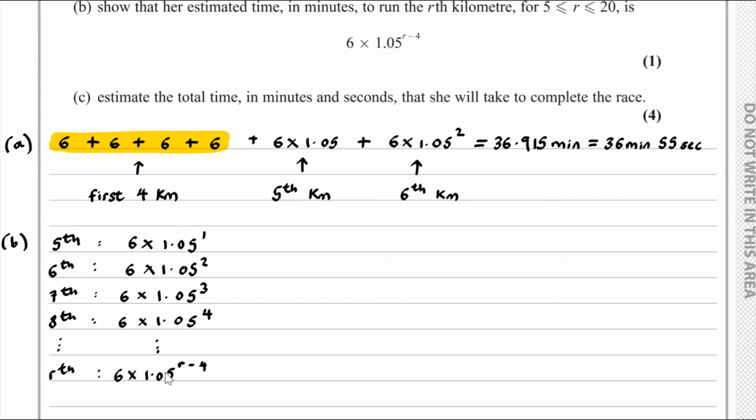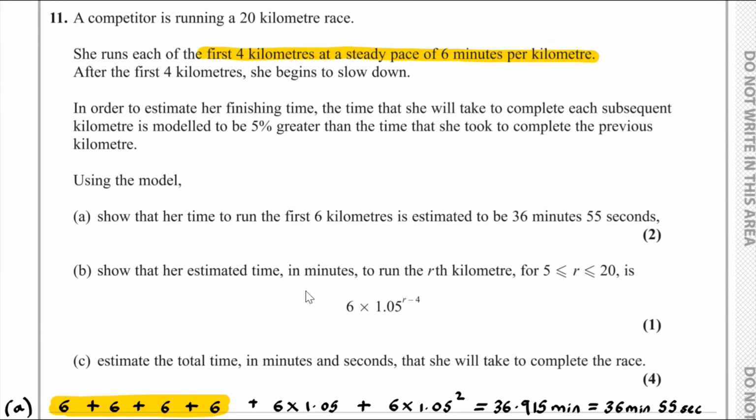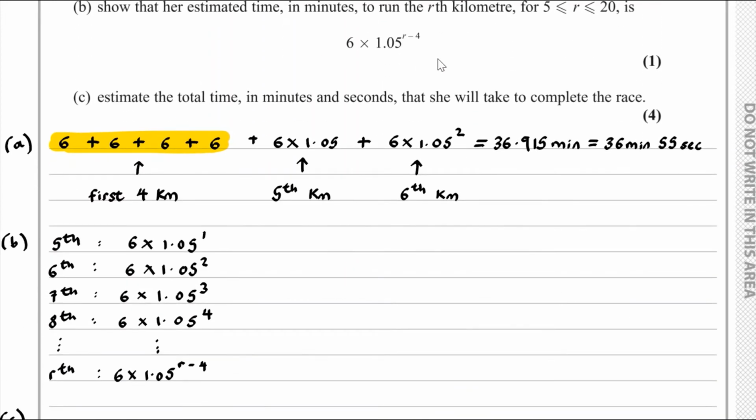And that's quite important. So now for part C, we have to estimate the total time in minutes and seconds that she will take to complete the race. Now, for part C, you have to notice that she's running a 20-kilometre race.